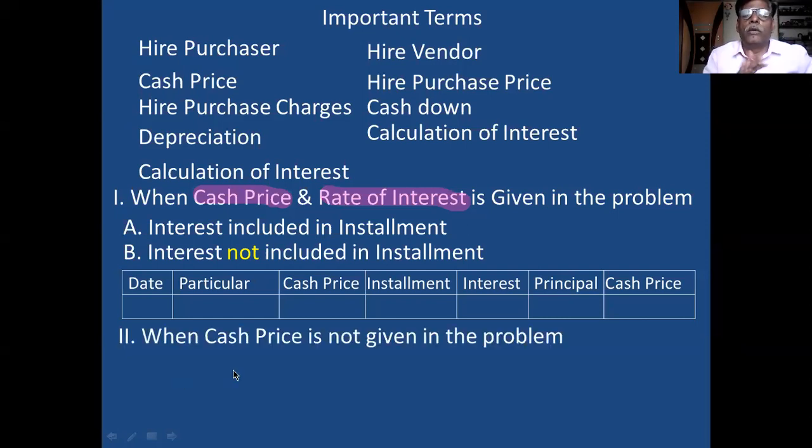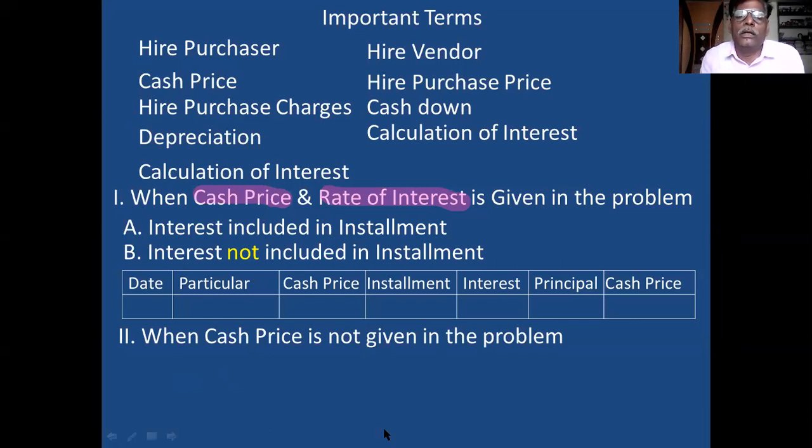And the second method is when cash price is not given in the problem. In the first method, cash price is there. You go through the problem, and after reading the problem, you come to the decision that cash price is not there in the problem. Remember this point.